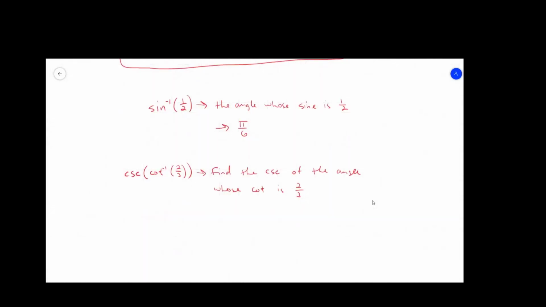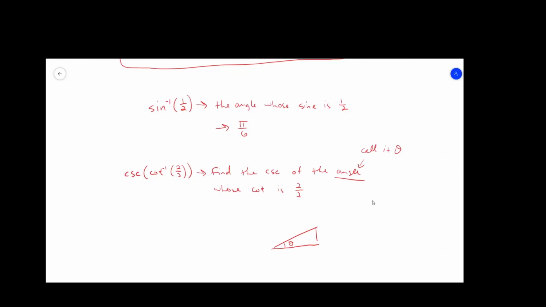Okay, well, the way that you would approach that is to say, it's an angle, right? Find the cosecant of the angle whose cotangent is 2/3. So let's call that angle theta. If I call that angle theta, I put it in a triangle. What do I know about that angle?